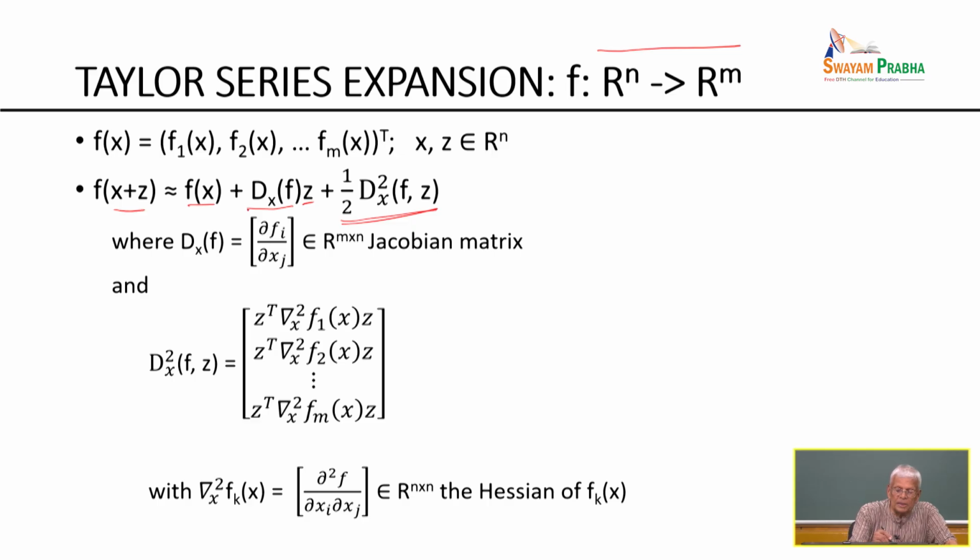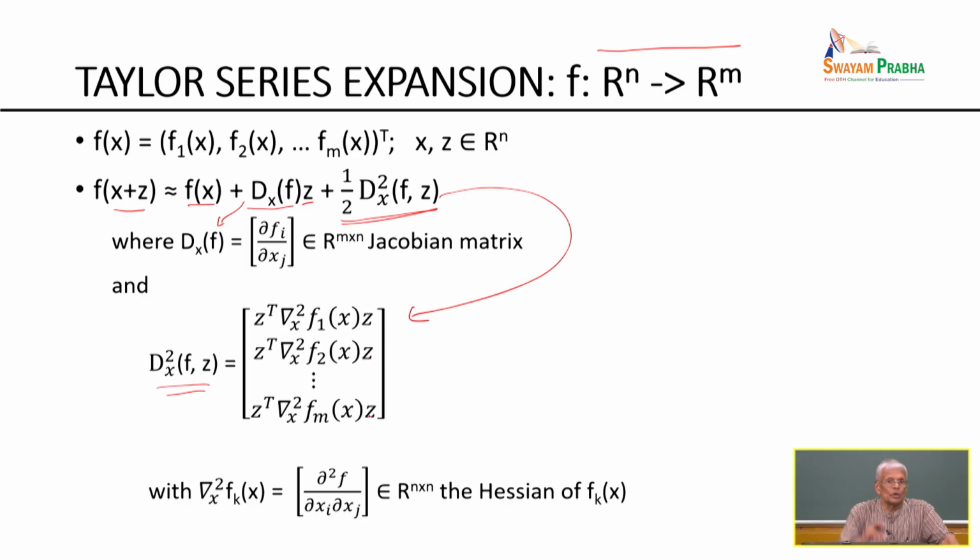I already talked about the Jacobian. Now I am going to define what this term is all about. This is a vector which has m components. The first component is z transpose the Hessian of f1 times z, then z transpose Hessian of f2 times z, and so on.